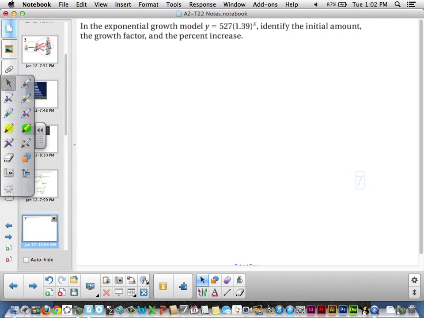Right, so in the exponential growth model, y equals 527 times 1.39 to the x. Identify the initial amount, the growth factor, and the percent increase.